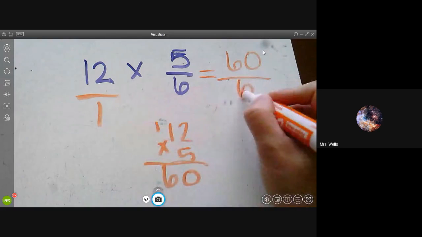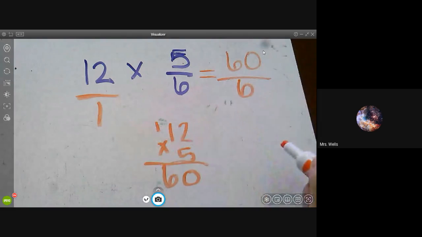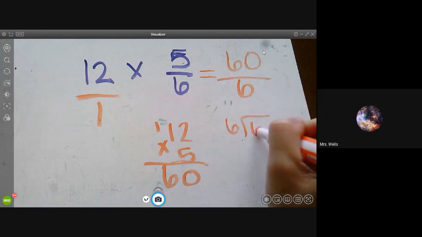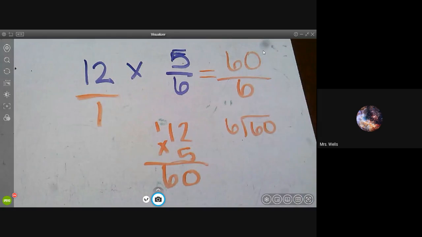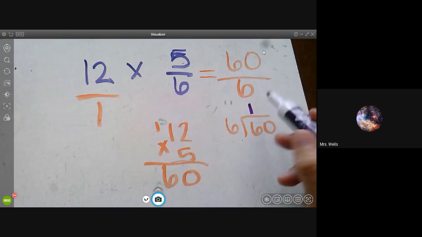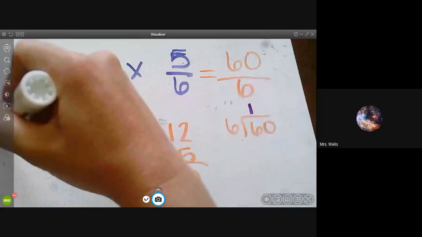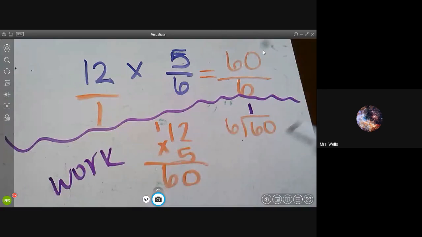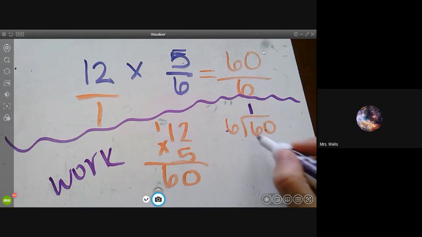Now, I cannot leave my answer as an improper fraction, so I have to divide. 6 divides into 60. And I know that 6 divides into 6 one whole time. So I'm going to separate that from my work. 6 goes into 6 one time. 1 times 6 equals 6.